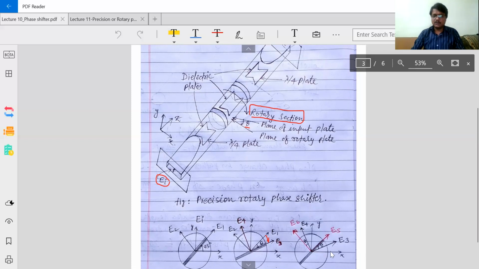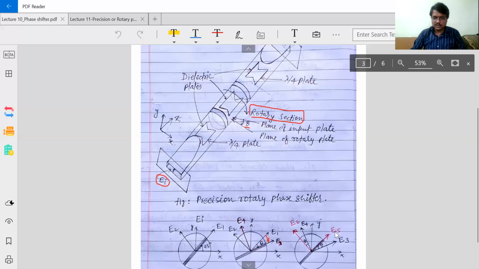If we want to calculate this E5, what will be the value? The component of E3 in the direction of E5 will be E3 cos theta, and the component of E4 in the direction of E5 will be E4 sin theta.